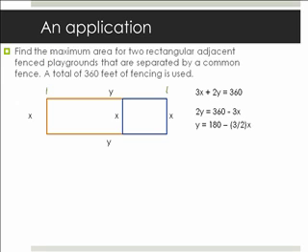Now what we want to find is the maximum area for the 2 playgrounds. And area of a rectangle is length times width. So our length here is y. It's all the way from one playground to the end of the other one. And the width is x. That gives you one entire huge rectangle, y times x.